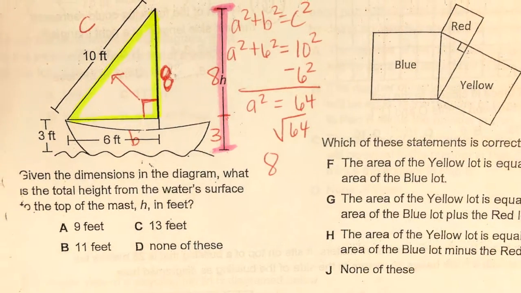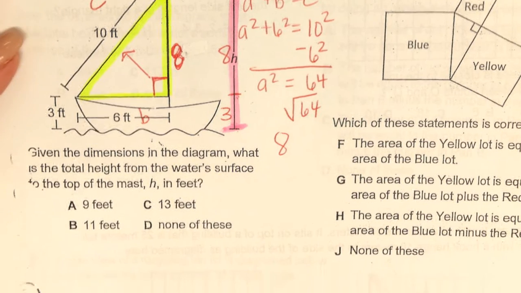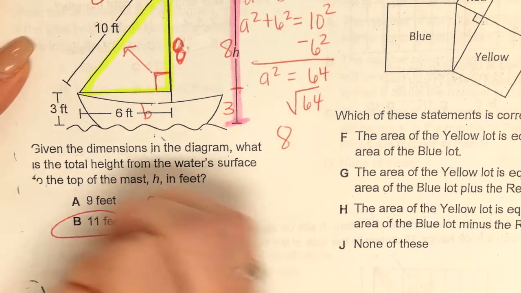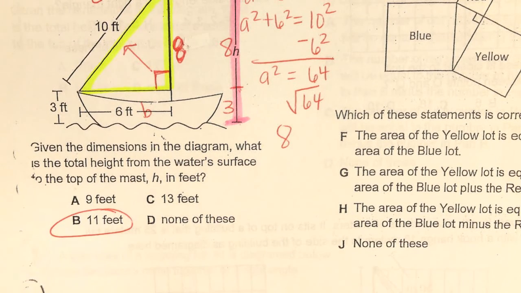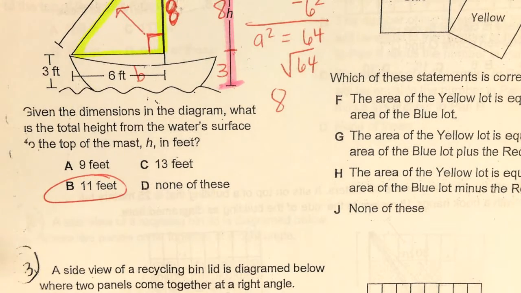That's where the 3 comes in. 8 plus 3 is 11. So anytime they give you an extra number, you're just going to probably add that back into your problem. If it's not part of the triangle, just hide it until the end.